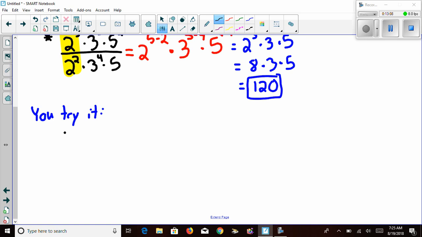You're going to try 5 to the 6th times 7 to the 4th times 8 cubed divided by 5 to the 4th times 7 squared times 8 squared. So, as before, pause the video, attempt the problem, and then come back and check out the answer.